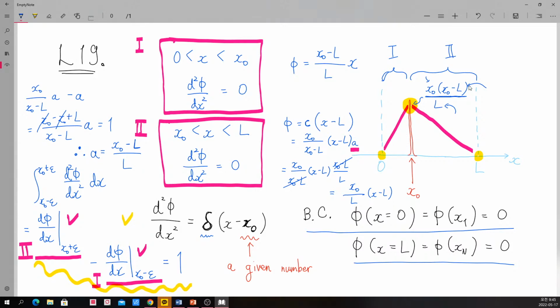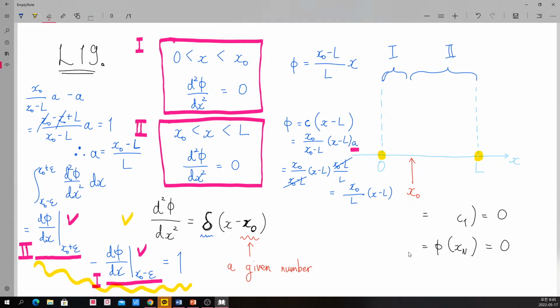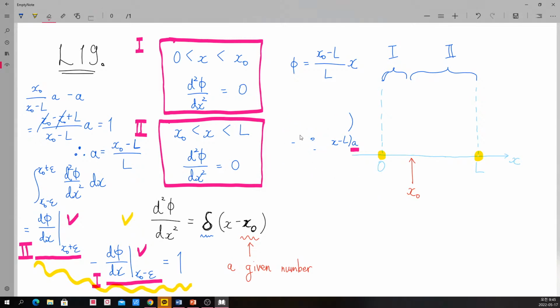So let me finally draw it to the right side of this midpoint. The solution of this simple equation is given in this form.